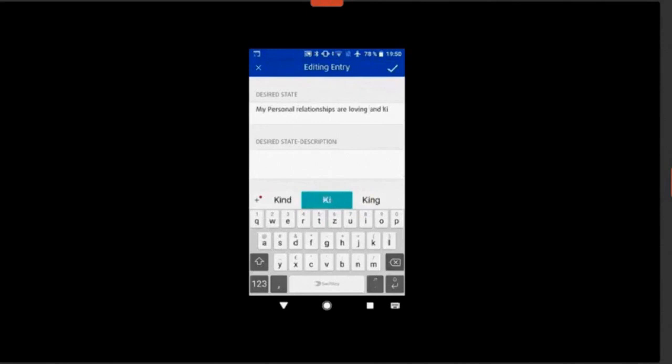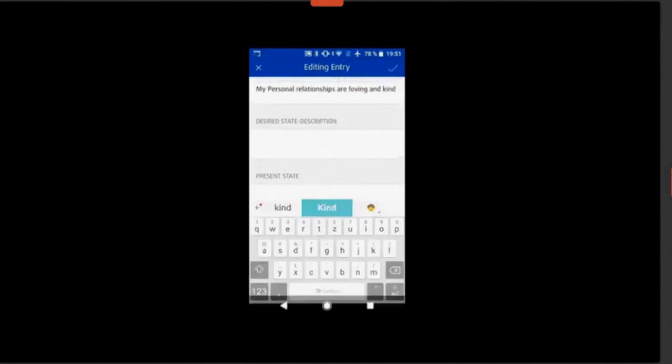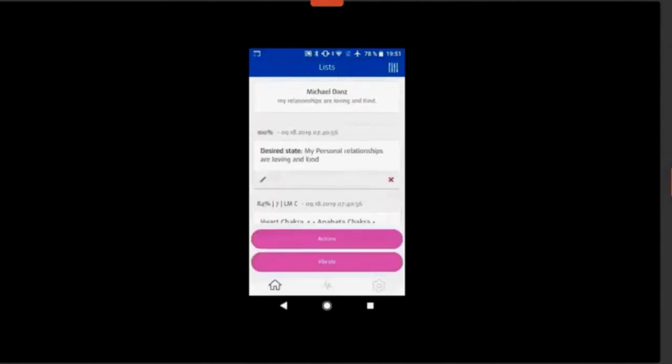No, kind is a small capital. Okay, kind, like that. So now this is an affirmation, of course, which I additionally want to vibrate in addition to the list entries which have come from the analysis. And I want to do this, therefore I'm ticking that one. And you see, now this one has been added.